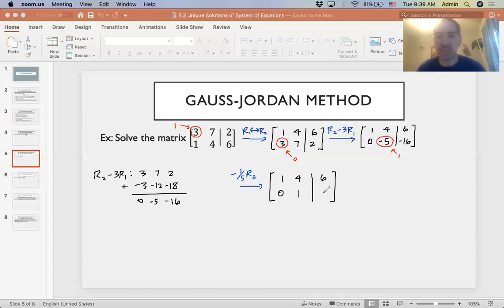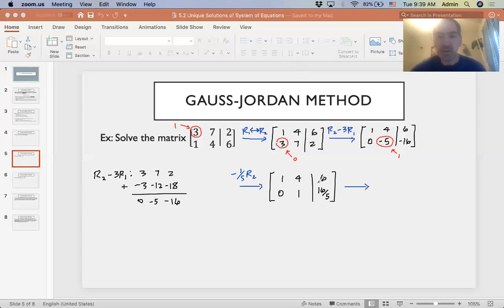And -16 times -1/5 is 16/5. Now we've got the introduction of fractions. That's okay. Fractions are okay here, and you will work with fractions. That'll be a common occurrence, typically.